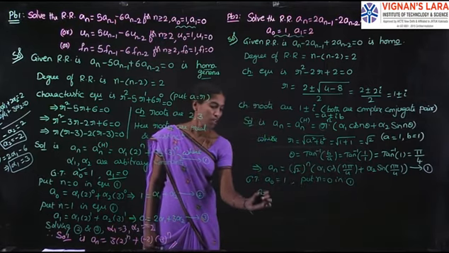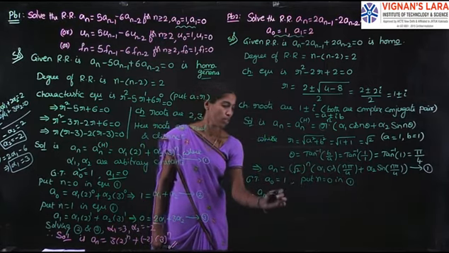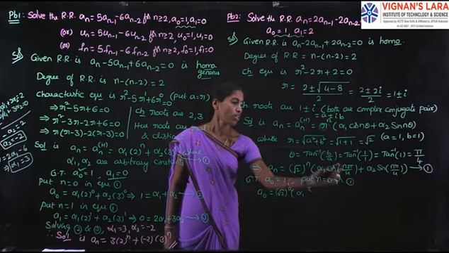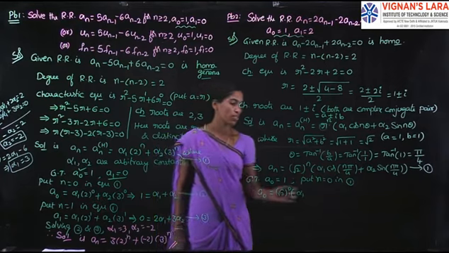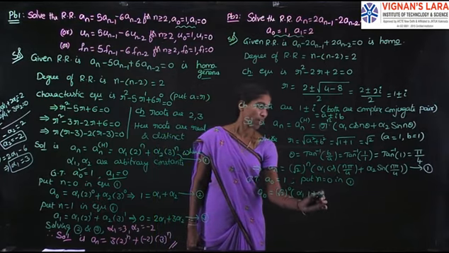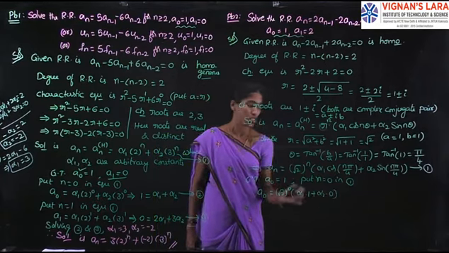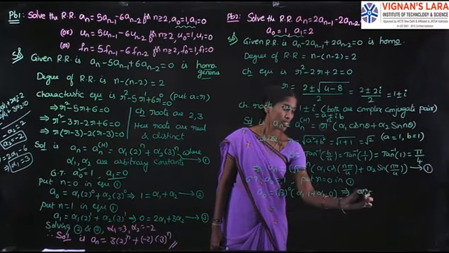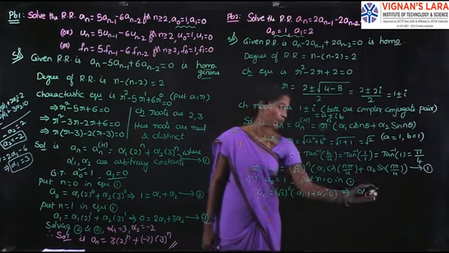So a naught is equal to root 2 to the power 0, alpha 1 cos 0 value is 1, plus alpha 2 sin 0 value is 0. So it implies that alpha 1 is equal to a naught value, which is 1.